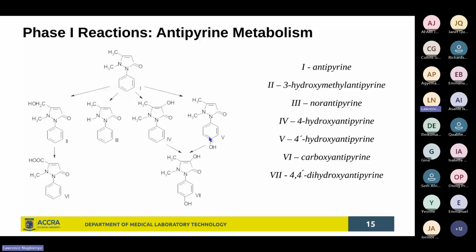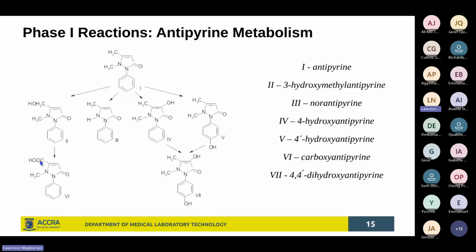If you look at the metabolite that is labeled VI, that too, you see there is a further oxidation of the carbon that had the CH2OH, which now has a carboxylic acid group on it, COOH, and that is carboxy antipyrine. And so that is formed by oxidation, which is one of the phase 1 reactions.